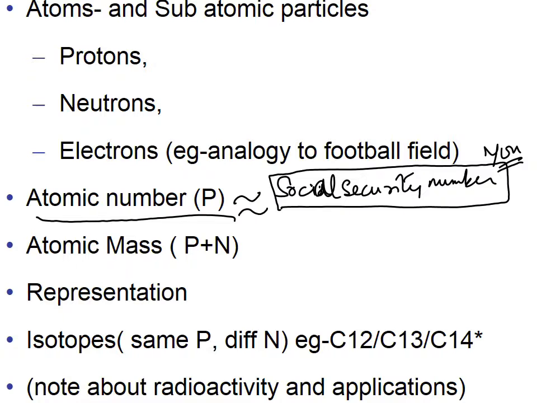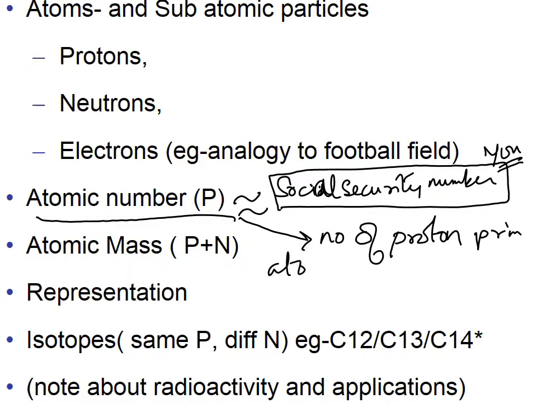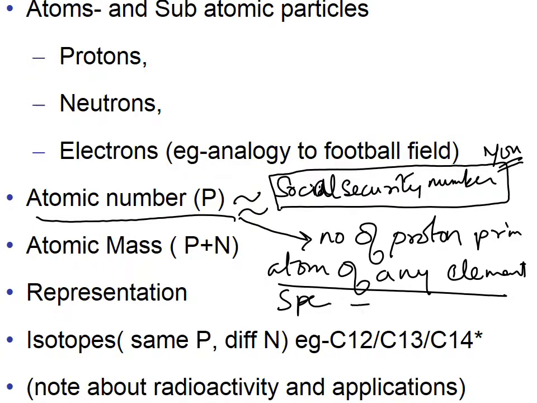So there is something known as an atomic number, which is the same as the number of protons present in the atom of any element, and that is special for that element. If that changes, then it is no longer that element.